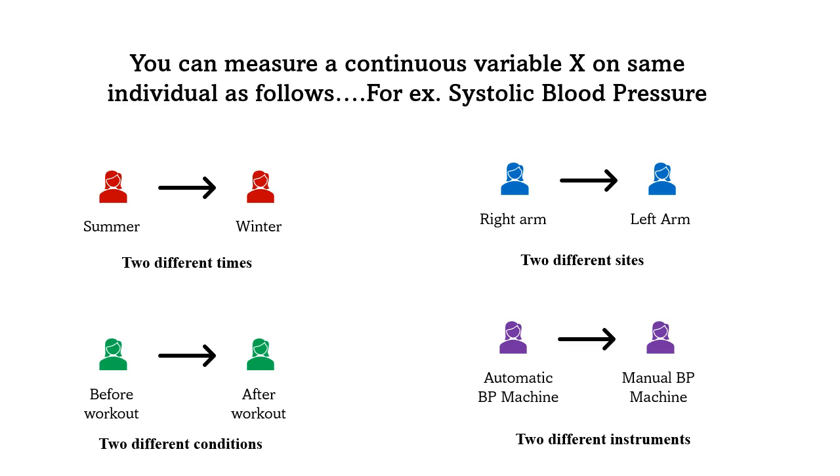So what have you seen in all these situations? That the same individual is measured at two different time points, under two different conditions, for two different sites, or by two different instruments. But the observations in all these cases are paired. That's why we can apply paired t-test.